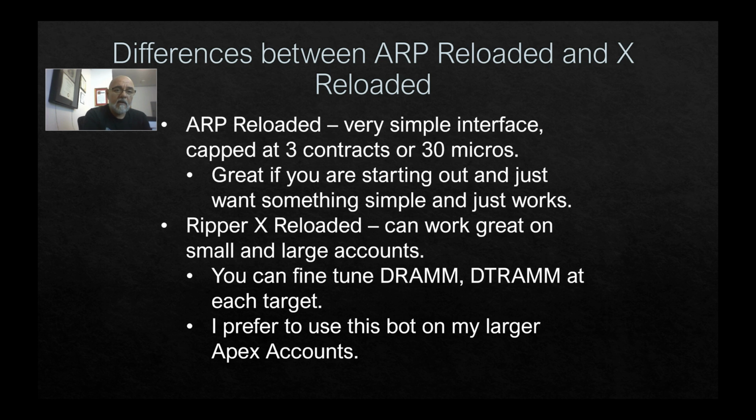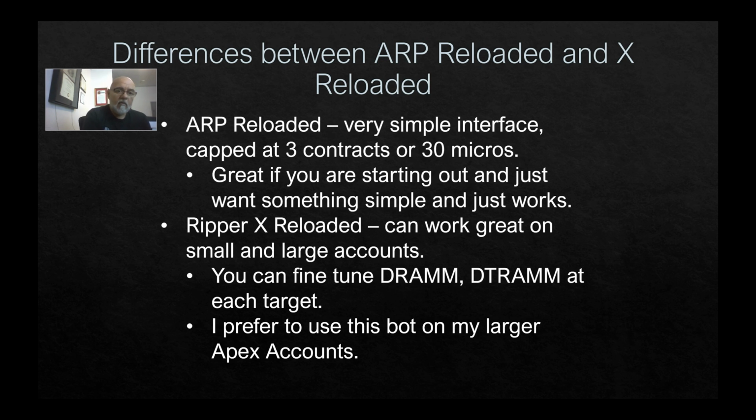DTRAM is the dynamic target adjustment, which means that, let's say your profit target is 20 ticks. After a loss, it'll adjust it based on your settings. So maybe you want to make it 15 ticks, so you lock in profit right away. You can definitely do that with the software. You can really fine tune your target 1 and 2 with DTRAM.